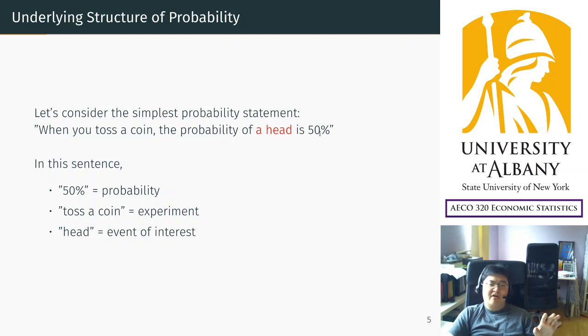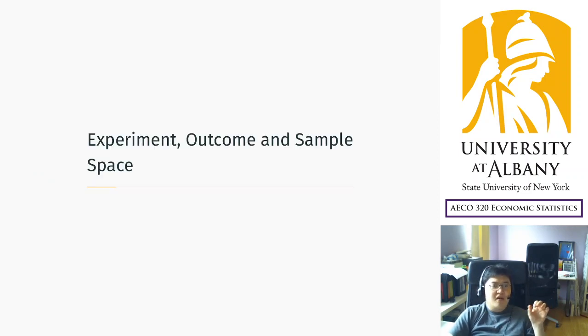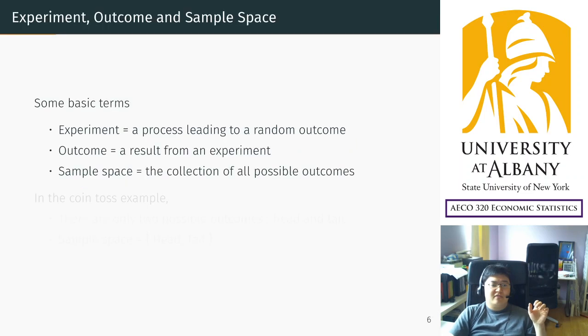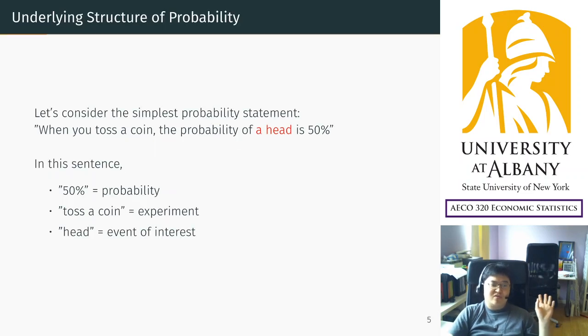You are attaching 50% probability to this event happening. So now we are going to study these components more carefully. We will focus more on experiment and event, because if you understand these two, then probability is easy to understand.